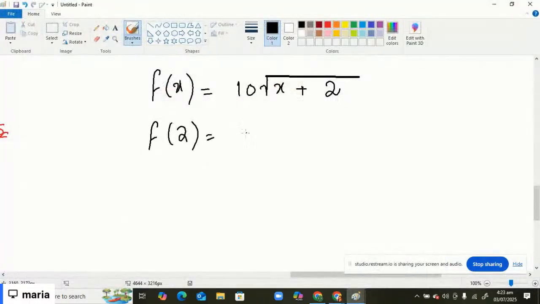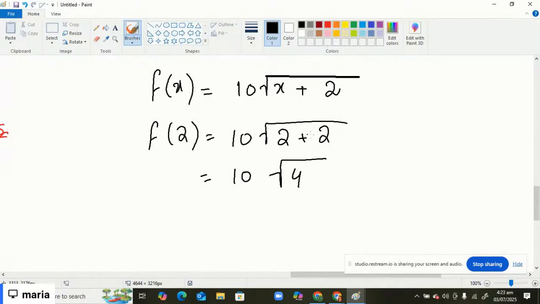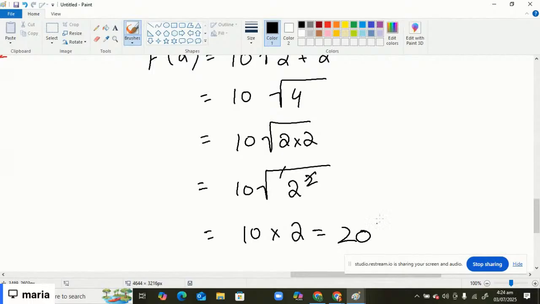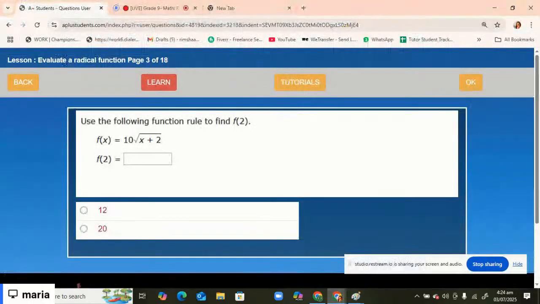Finding f of 2 means that in place of x we're just going to put the value of 2, plus 2, and that is 4. And now split 4 into 2 times 2. Now 10 into the square root of 2 square, that should be cancelled. 10 times 2, that is 20. So here we go with this 20.